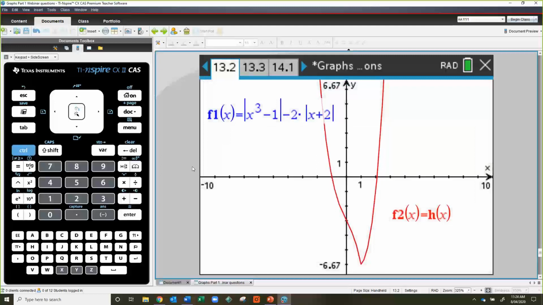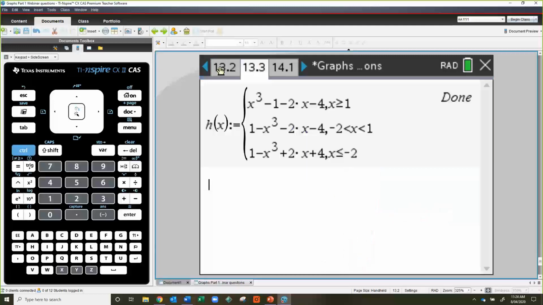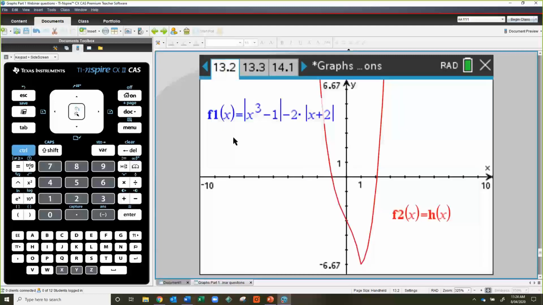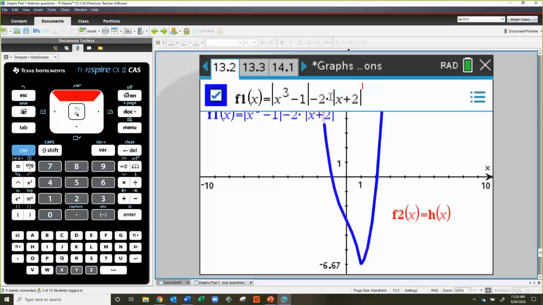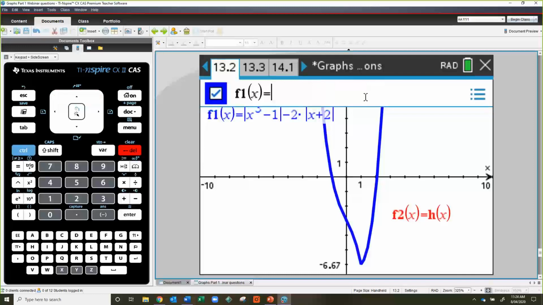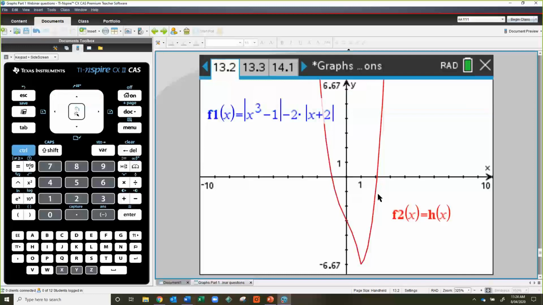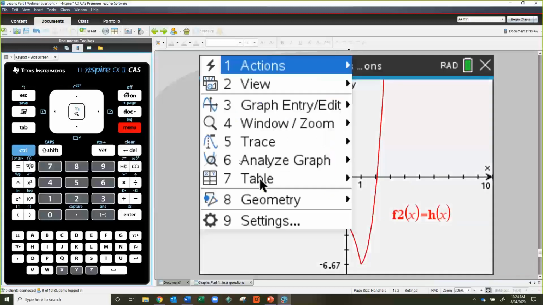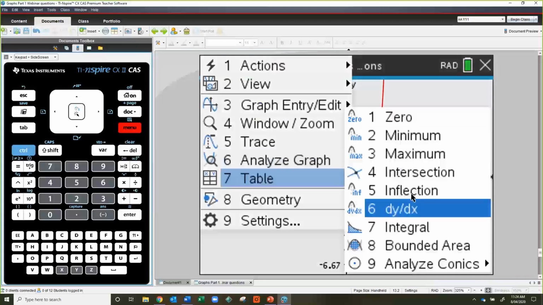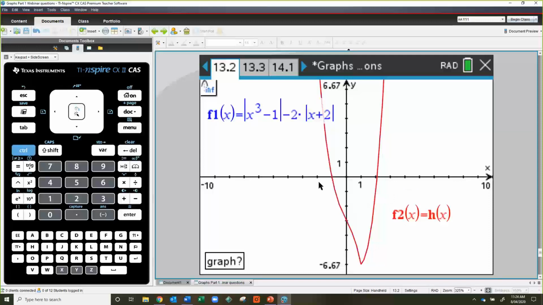Maybe if I delete this one, and try to do it again, analyze graph and inflection. It doesn't want to work for me today. It did work the other way. It will pick up the inflection point on this graph.